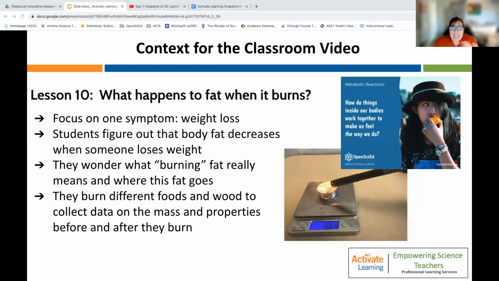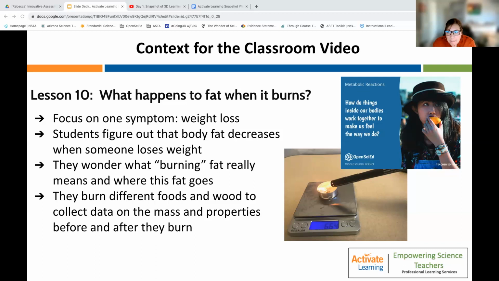So in this context, the students are trying to explain a variety of symptoms that a girl, her name is McKenna, is experiencing. The students have so far figured out what is causing some of her symptoms, but now they're focusing on a new symptom, which is weight loss.